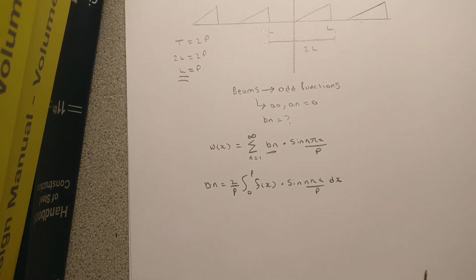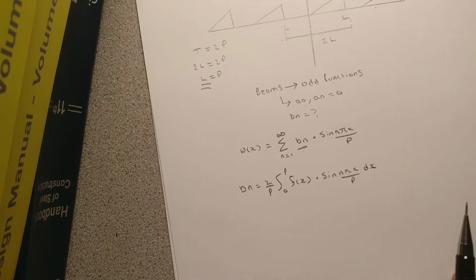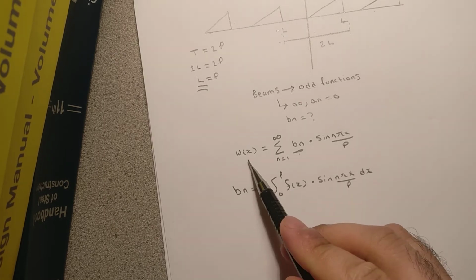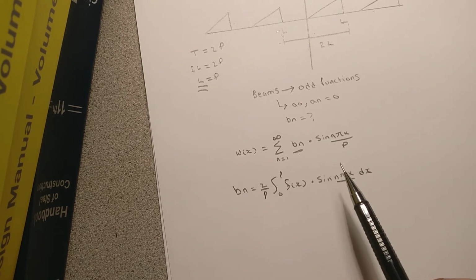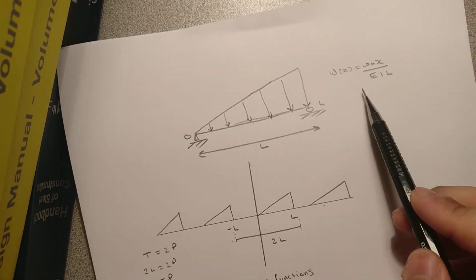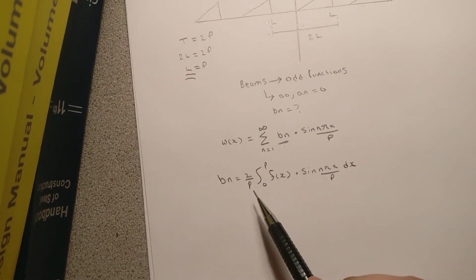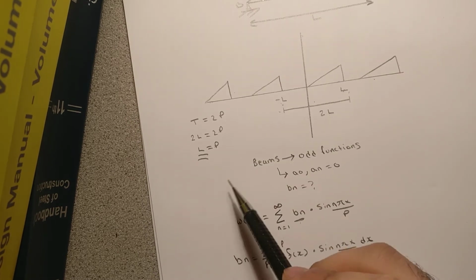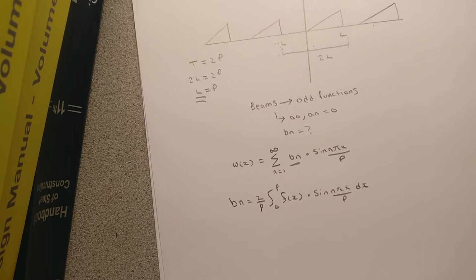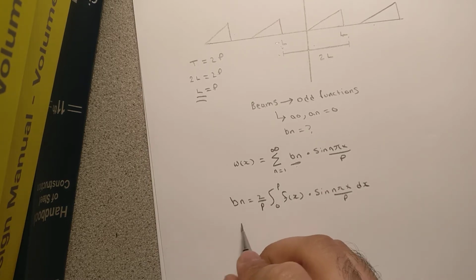Okay, so now we can start substituting in what we know. Our load function is going to be this right here. And our P is going to be L, which we derived right here. So we can start plugging things in for Bn.